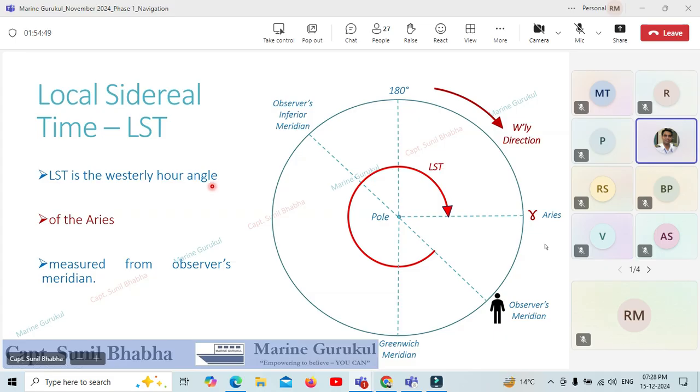LST is the westerly hour angle. You see it is measured in the westerly direction, which is the clockwise direction in this diagram, of the Aries. You see it is measured up to Aries and it is measured from the observer's meridian. The starting point is the observer's meridian. This is local sidereal time.